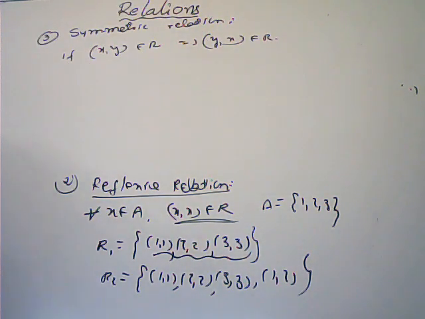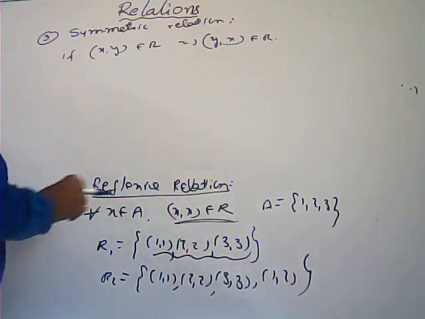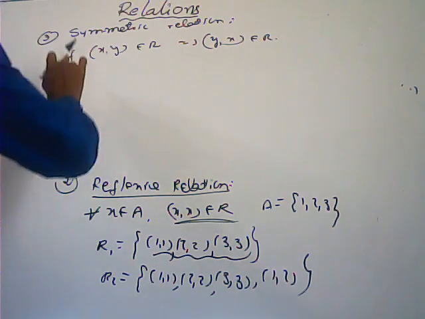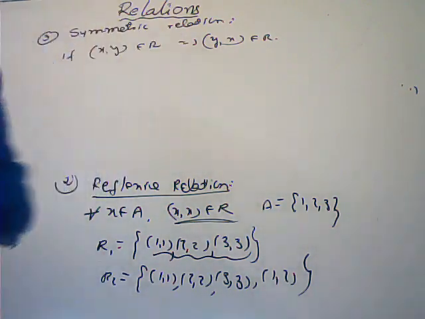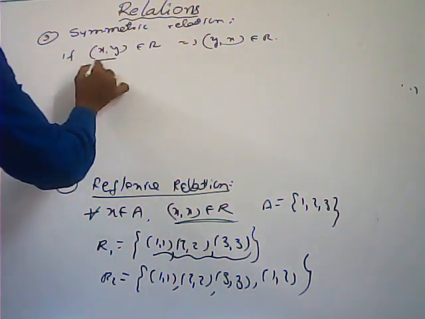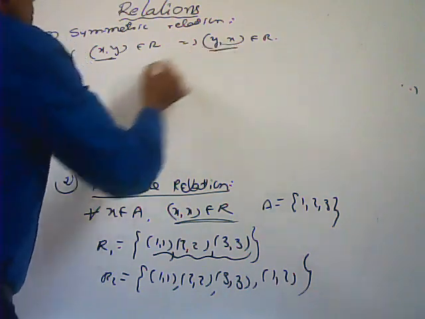If only equal ordered pairs are there, that one is a symmetric relation. Along with the equal ordered pairs, if it contains unequal ordered pairs, we have to observe only the unequal ordered pairs to say whether it is symmetric or not. If (x, y) is there, at the same time (y, x) should be there.